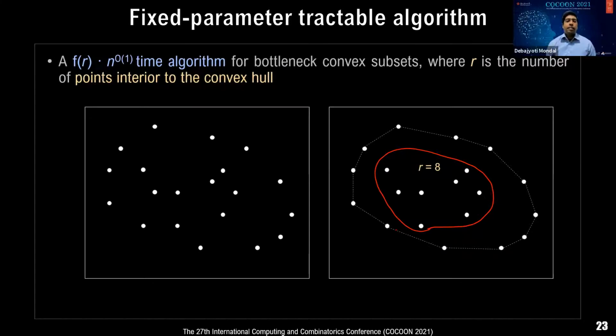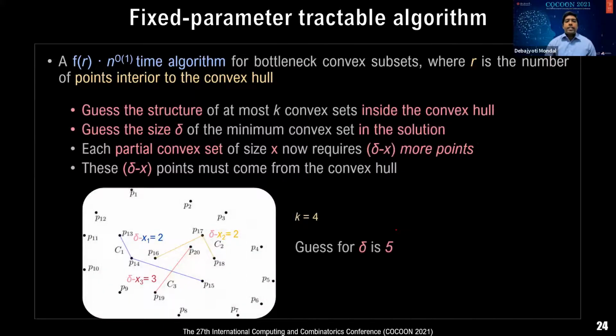Now let's see how we can design an algorithm where we take R as the fixed parameter. The idea is to guess the structure of at most k convex sets. Now we know that we are looking for k convex sets, so we think how the k convex sets may look inside the convex hull of the given point set.